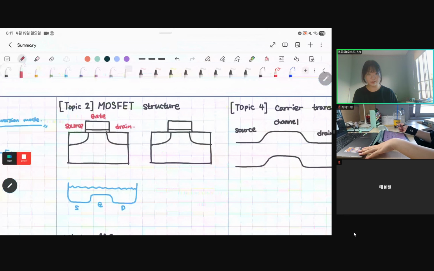When we use N-type heavily doped source and drain, we call this an NFET. When we use heavily doped P-type semiconductor in source and drain, we call this a PFET.